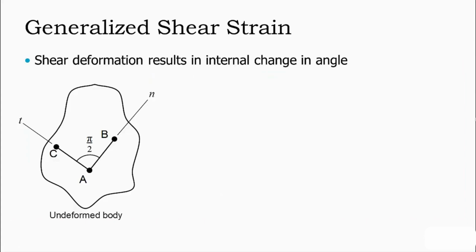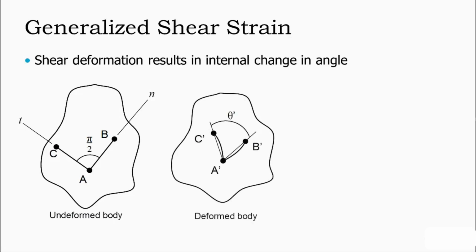We can generalize our definition for shear strain by considering the arbitrary deformable solid pictured here in the undeformed state. If we take two orthogonal line segments, AC and AB, that have an initial angle of pi over 2 radians or 90 degrees between them, and we consider that the direction of line segment AB is in the n direction, and the direction of line segment AC is in the t direction, and then we subject this to loading, which causes shear, what we see is the angle between line segment AC and AB will change.